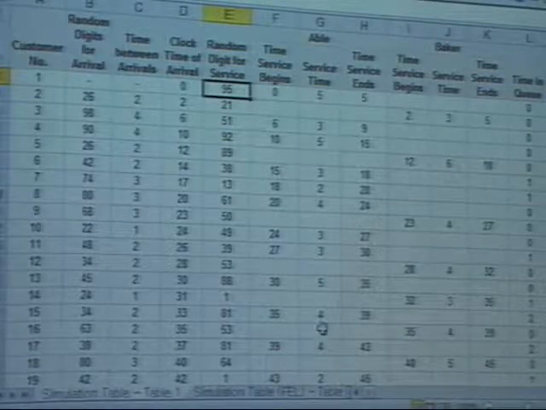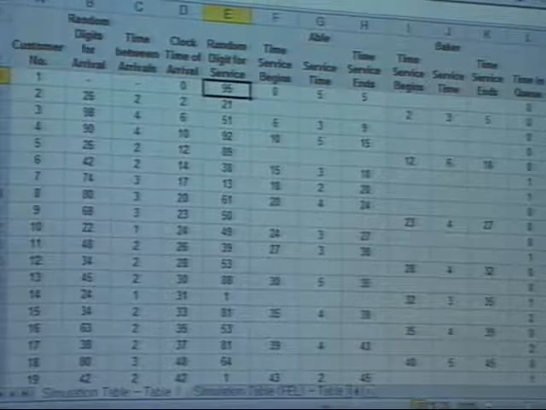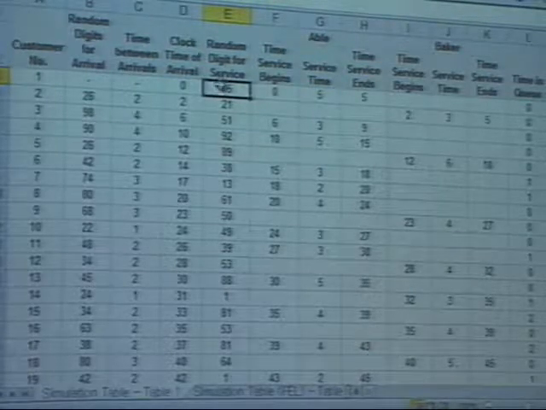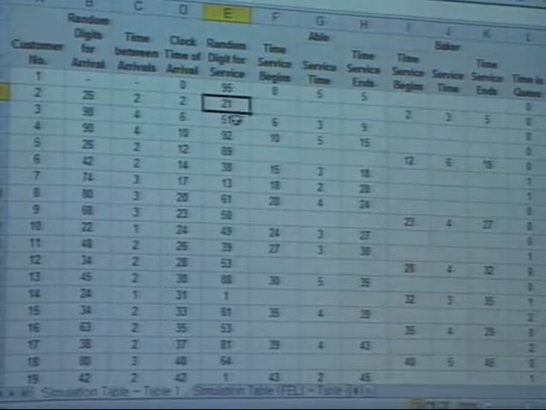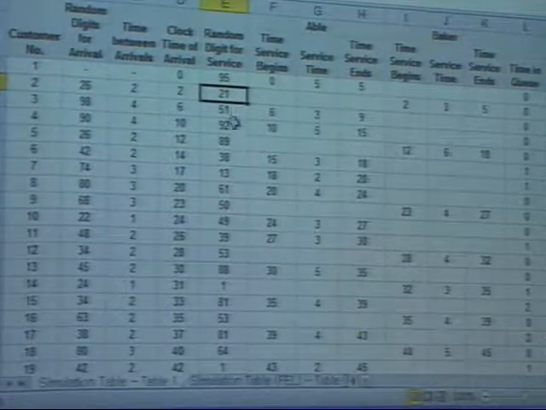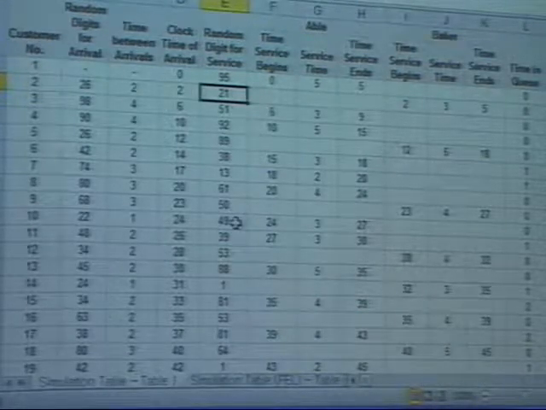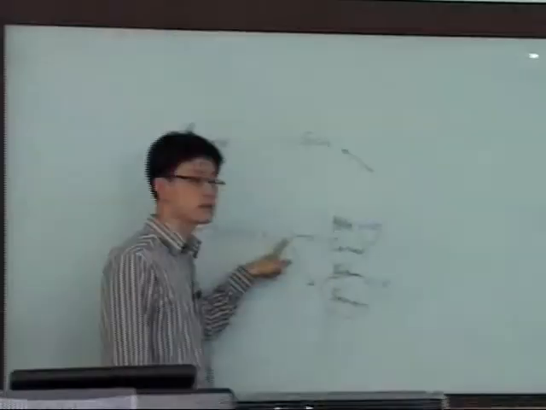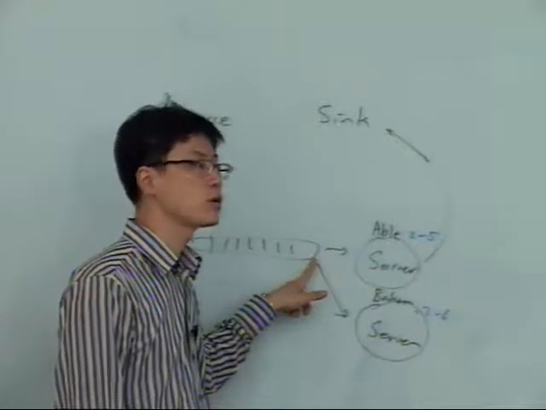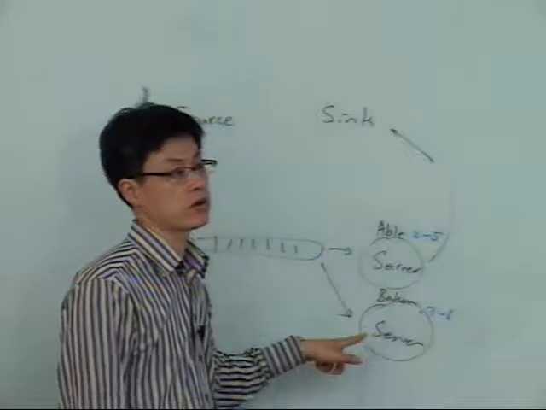Okay. The next step is to run the random number generator once again to make the service time. Okay, you know, in the problem statement, when a customer arrives, this customer doesn't know whether his server will be Able or Baker.